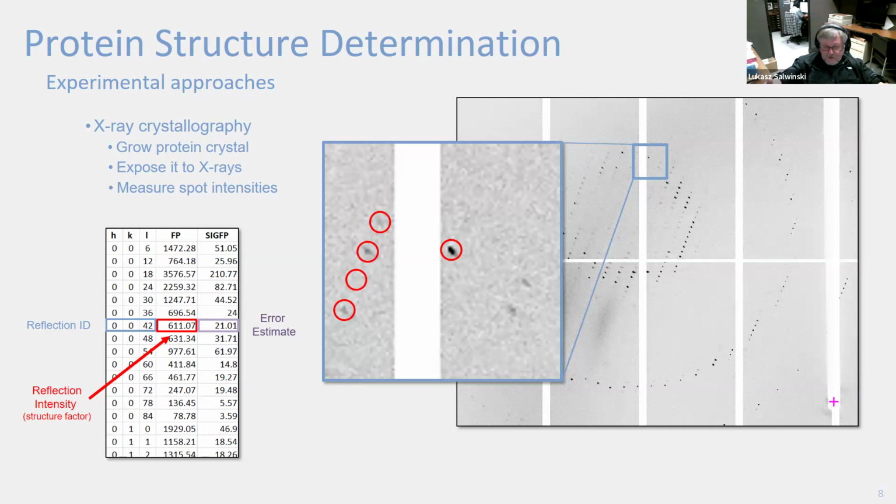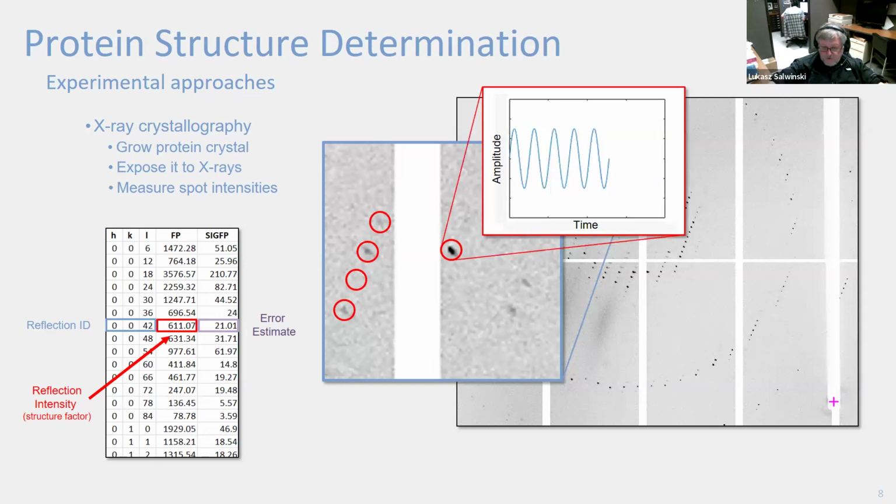The problem is it's not all that's there. There's an additional parameter that's characteristic of this image, which is a so-called phase. You've got to remember that this spot is generated by electromagnetic ray hitting the screen in this position, and this is a change in an electric or magnetic field over time.